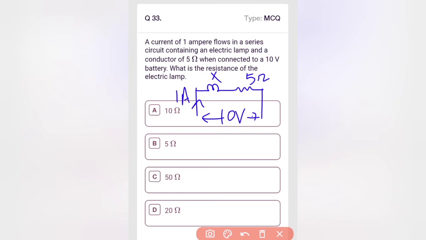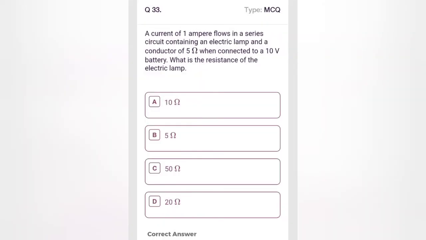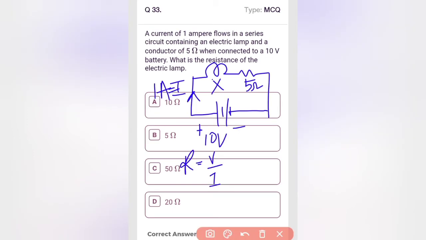resistance of the lamp. So we know that V by I is R. So what is the value of the resistance R here? Total resistance is going to be 5 plus X. So here total resistance, we know that it is X plus 5, because they are connected in series, and the voltage is 10 volt and the current is 1.